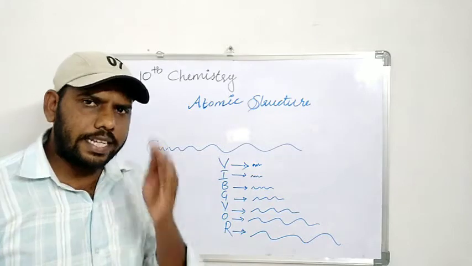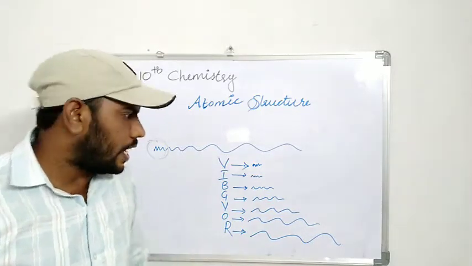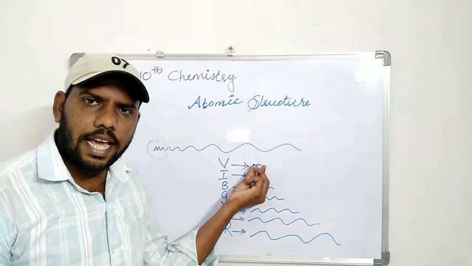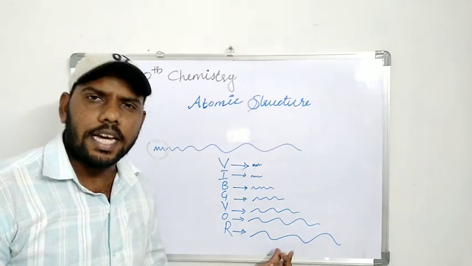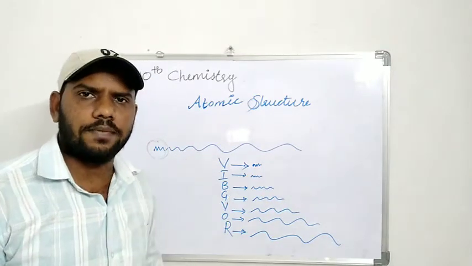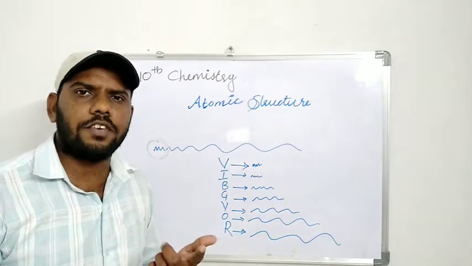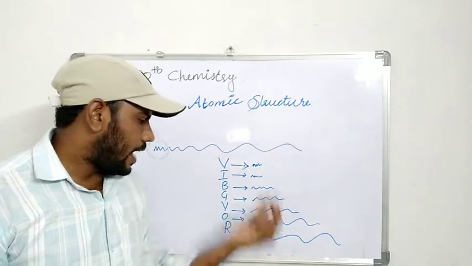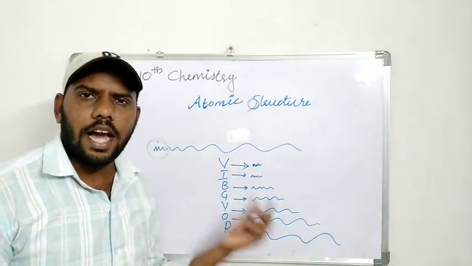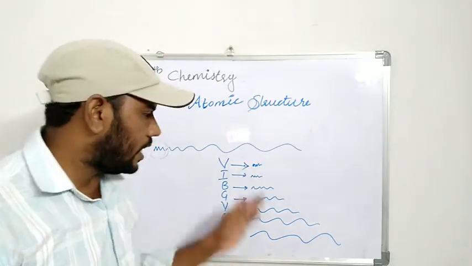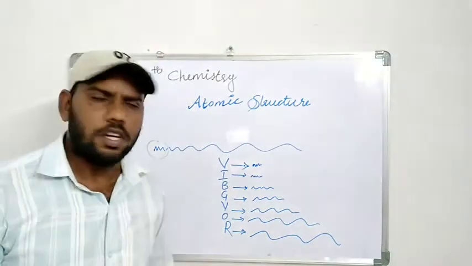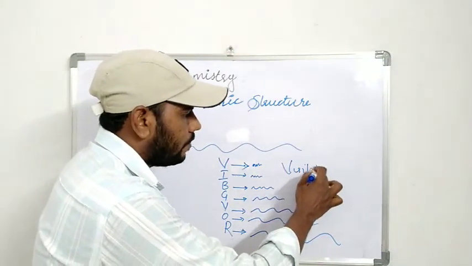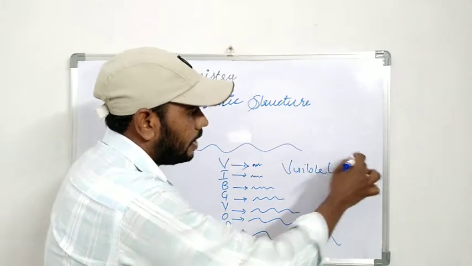Violet has higher frequency, red has low frequency. In terms of wavelength, violet has shorter wavelength and red has higher wavelength. Okay, children, I hope you have understood this one. This light we call visible light.